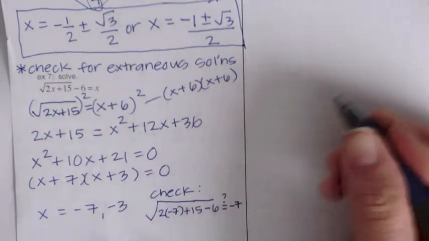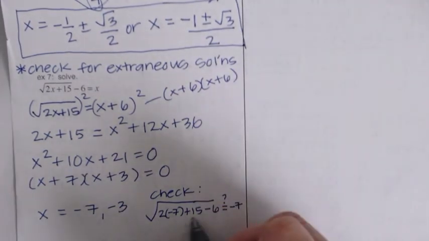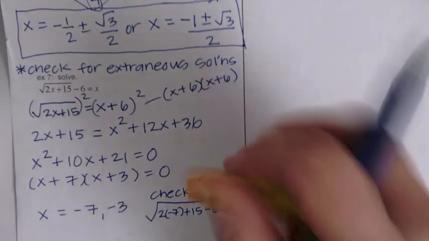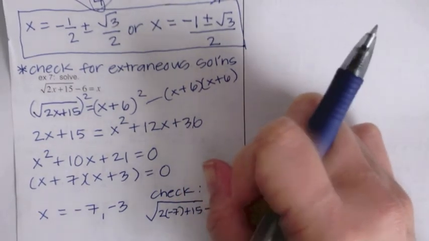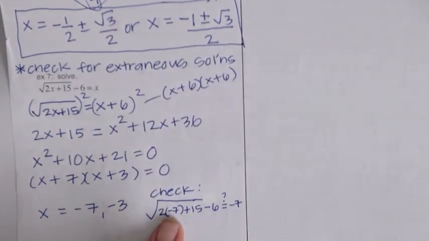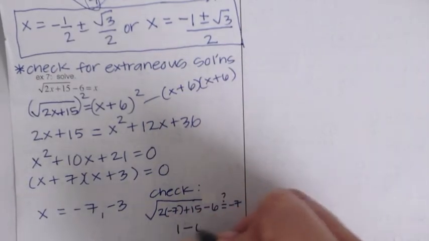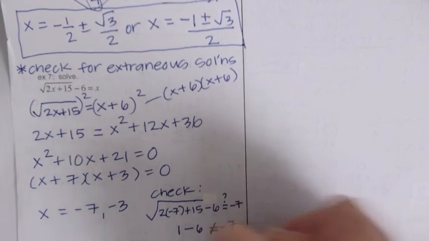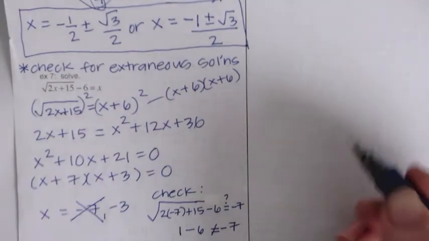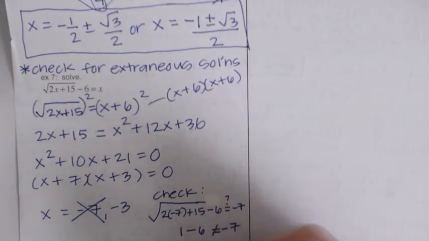So I've just plugged the x in. -14 plus 15 is 1. Square root of 1 is 1. 1 minus 6 does not equal -7. So that's not a valid solution. You do want to check your other one because they both can be invalid.